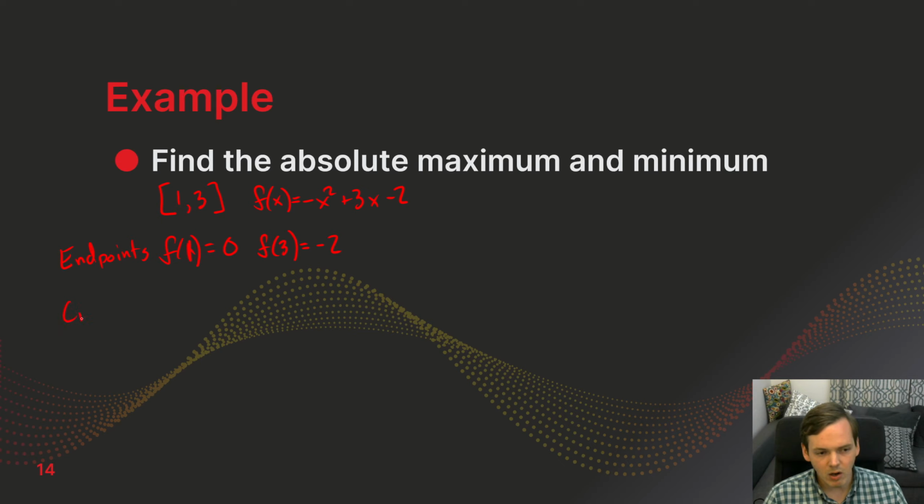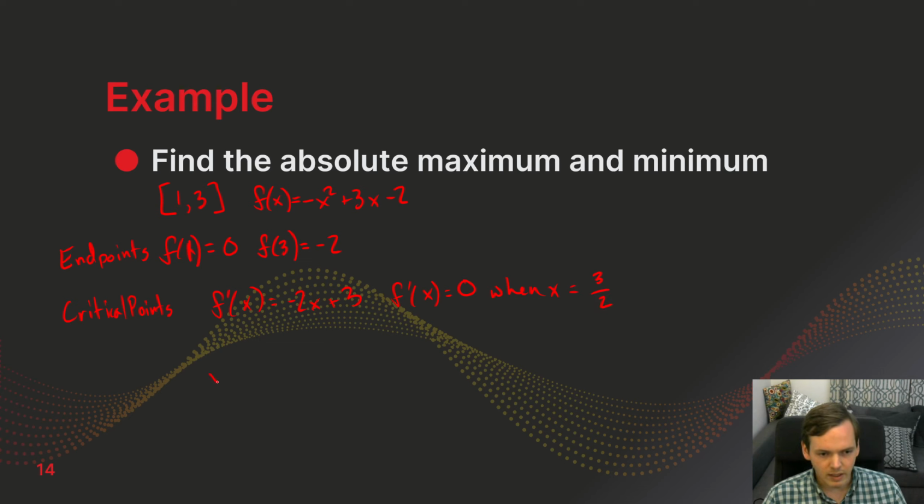Then we're going to check our critical points. So f prime of x will be negative 2x plus 3. So f prime of x equals 0 when x equals 3/2.